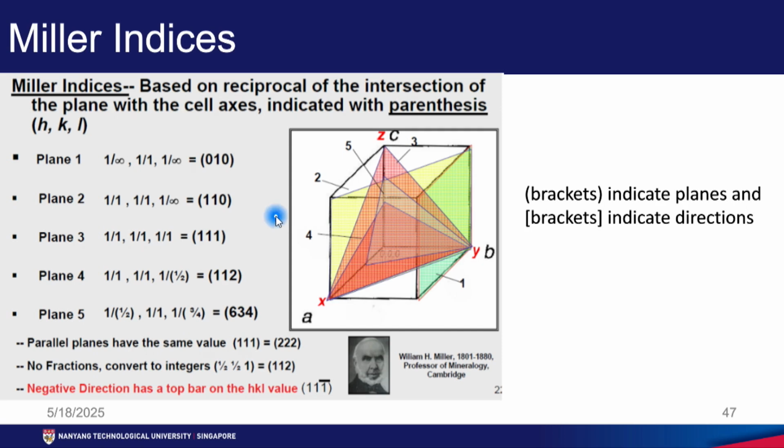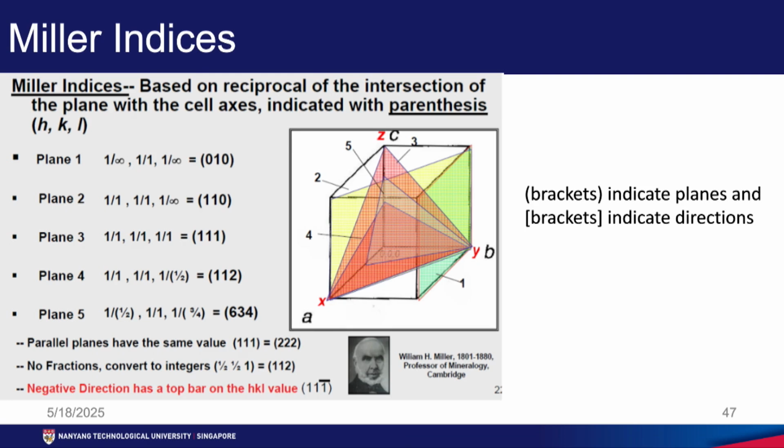Okay. So, these Miller indices are calculated based on the reciprocal of the intersection of the plane within the cell axis. Okay. For example, let us say this is the origin. So, imagine a cube. So, the origin is somewhere inside, not in the outside, somewhere here. So, with respect to that origin, we have x, y and z directions. So, let us look at this yellow plane.